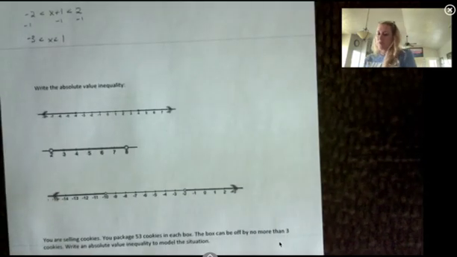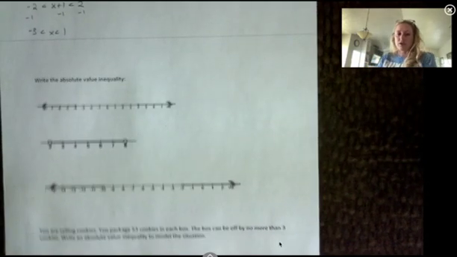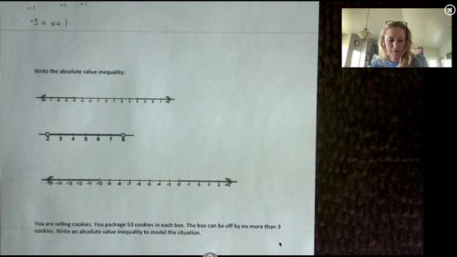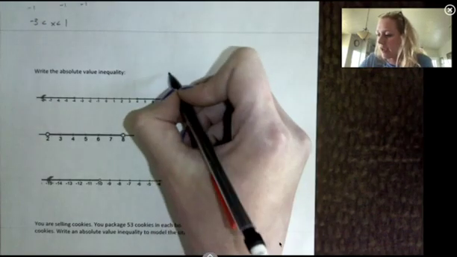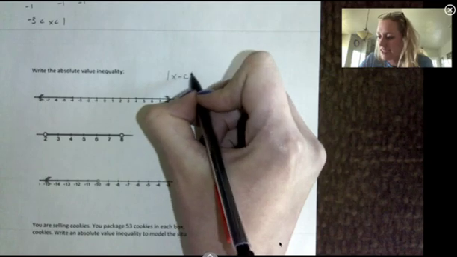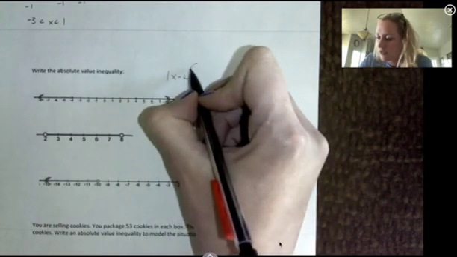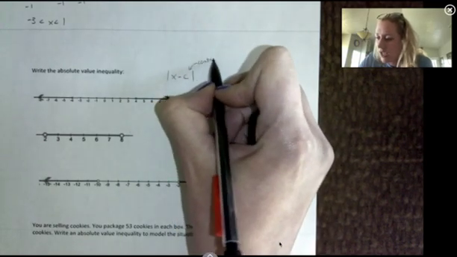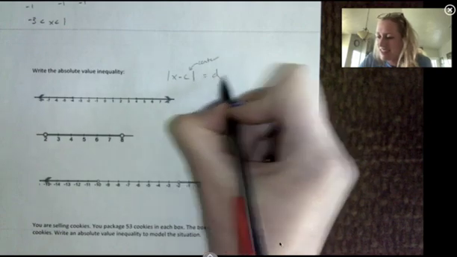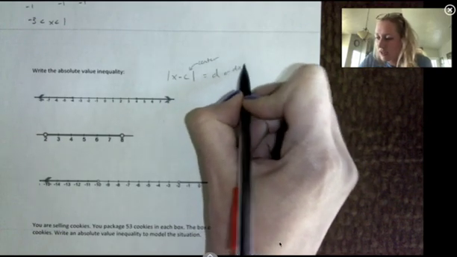Okay. This time we are given the graph and we're trying to write an absolute value inequality. Remember, this is the same kind of thing we did before where I have absolute value of x minus the center, and then equal d, where d was the distance from center.